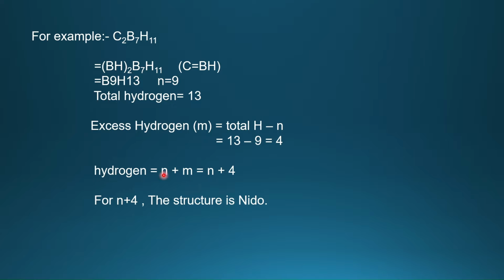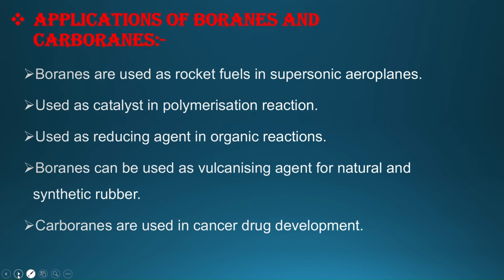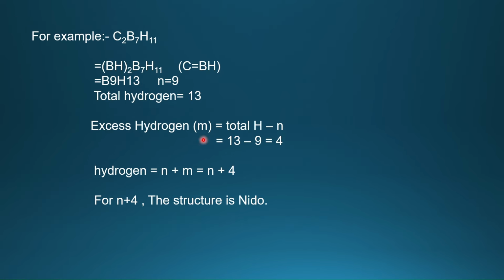Then hydrogen equals n plus m, that is n plus 4. For n plus 4, the structure is nido. So the structure of the carborane is nido-carborane. This is the process of how to calculate the structure of carboranes.